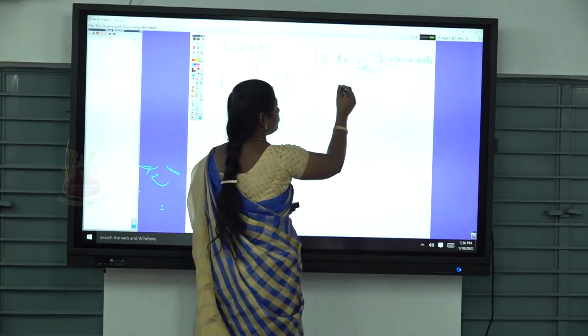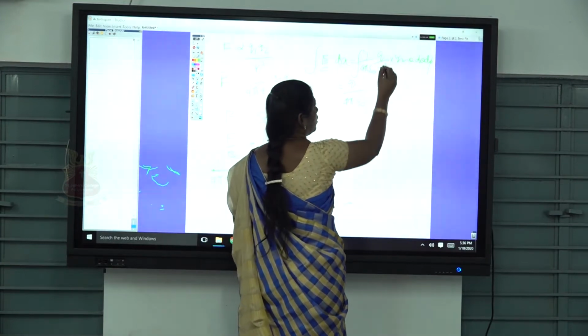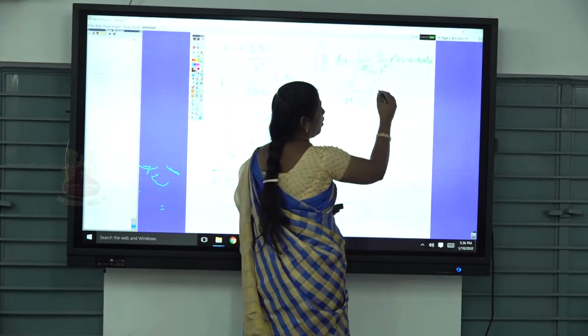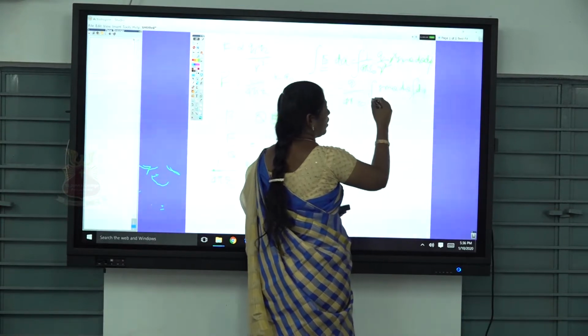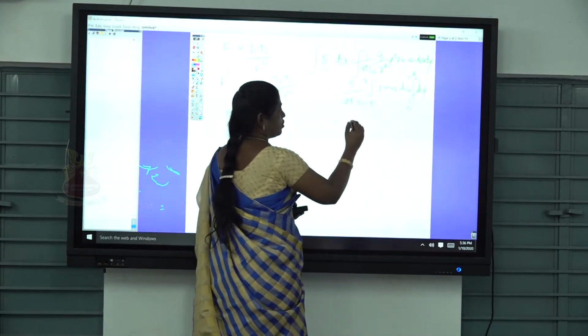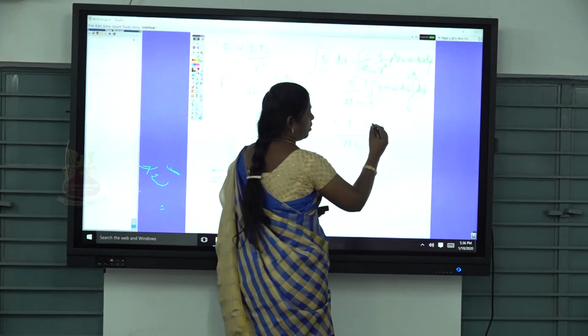Then integrate. The constant is taken outside. Q by 4 pi epsilon naught R square, R square getting cancelled. So integral of sin theta d theta, integral of d phi, with limits 0 to pi and 0 to 2 pi.